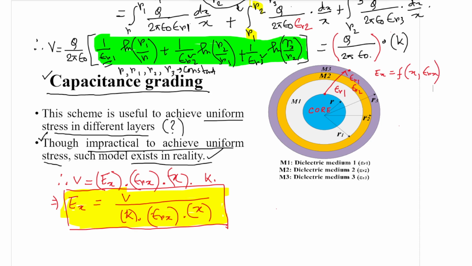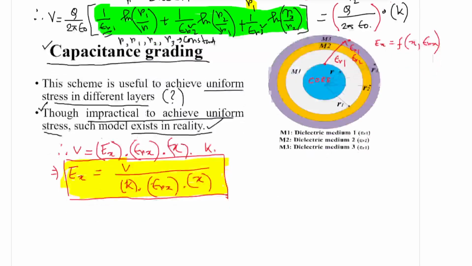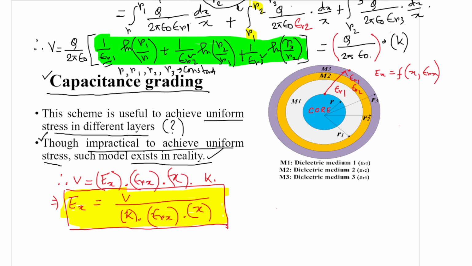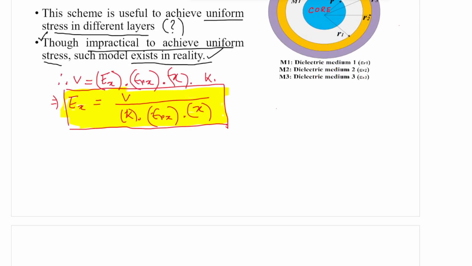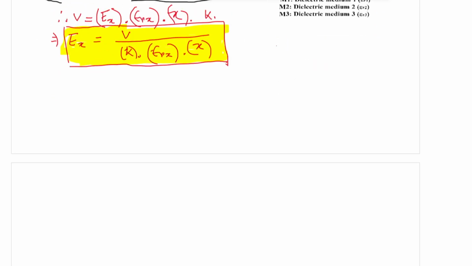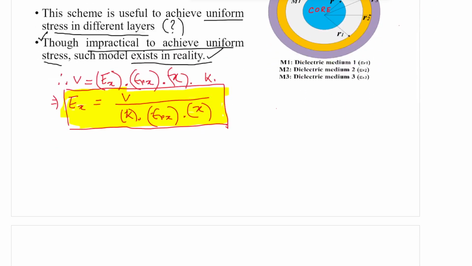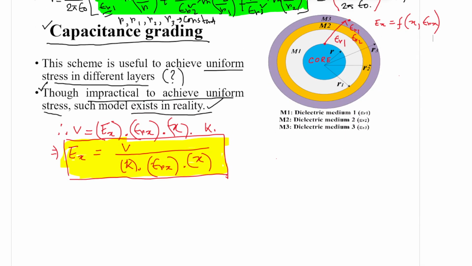We shortly see how Ex varies as we move from the conductor surface to the outermost surface. So let us have a look. This is my y-axis, this is my x-axis.